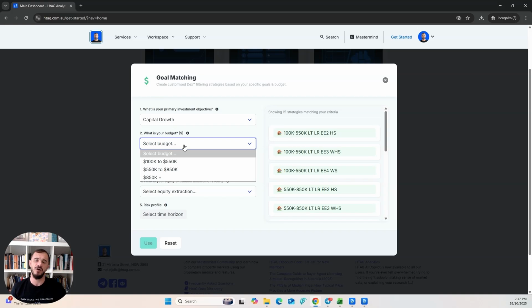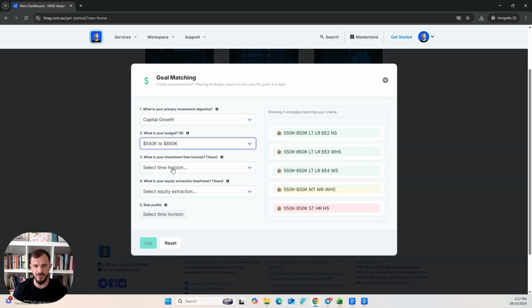Once you set the budget, you can tinker with it a bit further and reduce it. That means that if you select, for example, 550 to 850, once you go to a separate page, which I'll do in the next video, and you might partially see it in this one as well, you can adjust the budget range. If you have only 750 to spend, you can make it from 550 to 750.